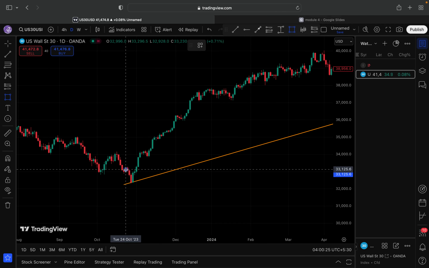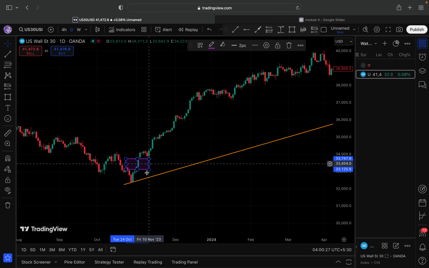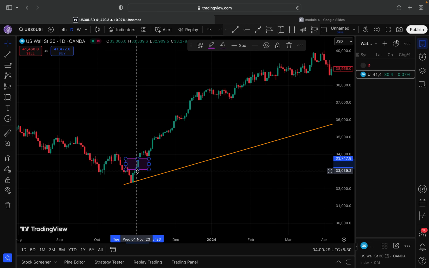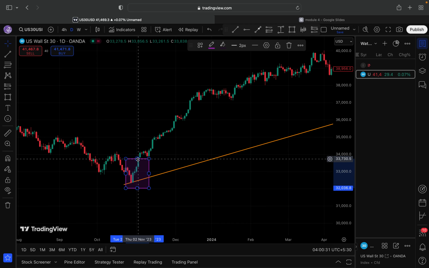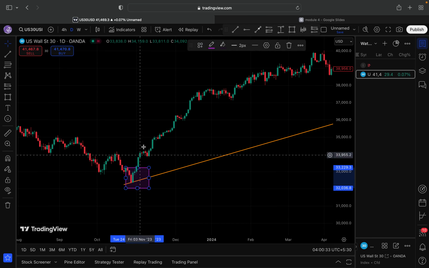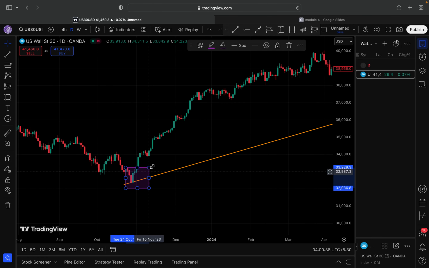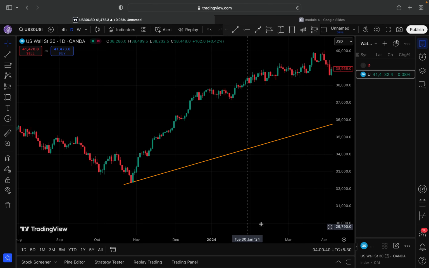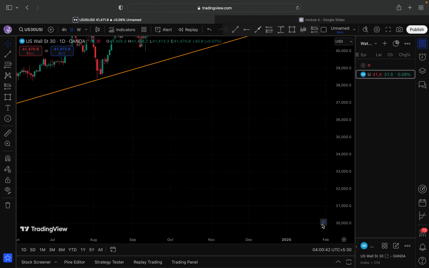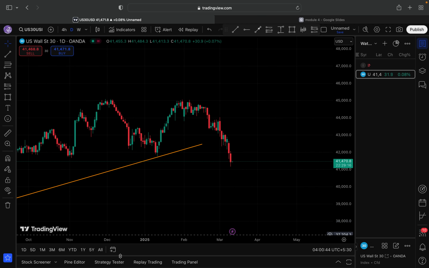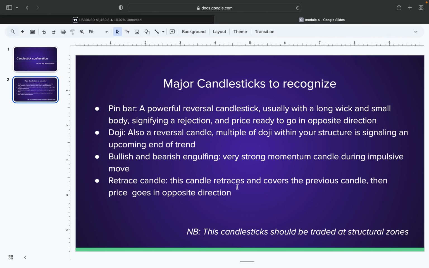Just look at what these two candles did there. It retraced. Price retraced fully. Now let us see the next stuff we have on the list. Okay, that's all for now.